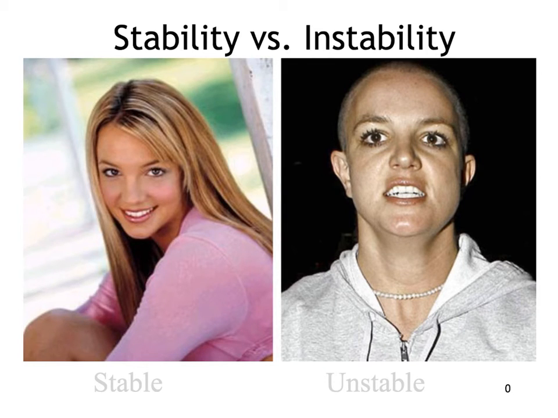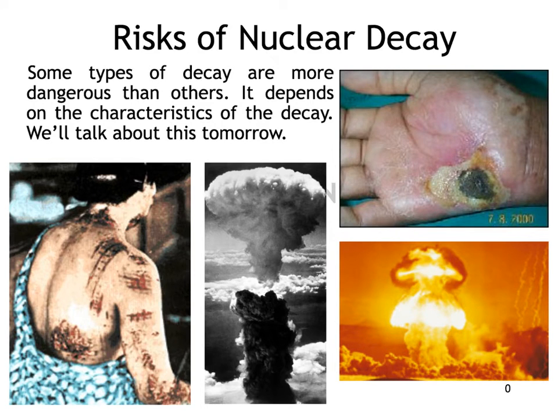Risks of nuclear decay. You should have a list of some risks of nuclear decay. I will write in some examples as I go, but we'll actually have a much longer list towards the end of this unit.